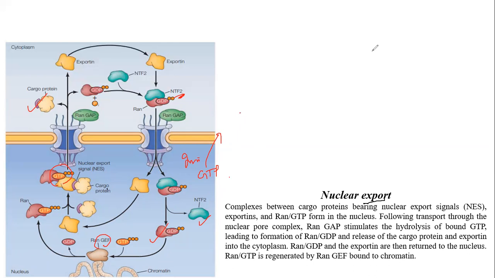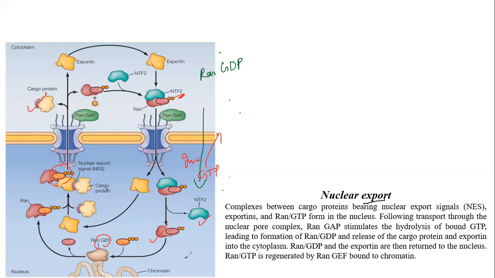Now, in other words, the question depends, okay? In other words, you can say that it is RAN GDP in the cytoplasm which brings your exportin to go inside, in this direction from cytoplasm to nucleoplasm. Did you understand the difference? So in the case of import we need GDP association, whereas in the case of export out I need GTP.